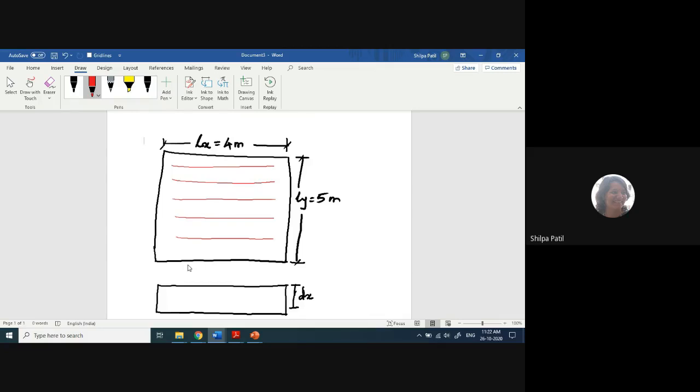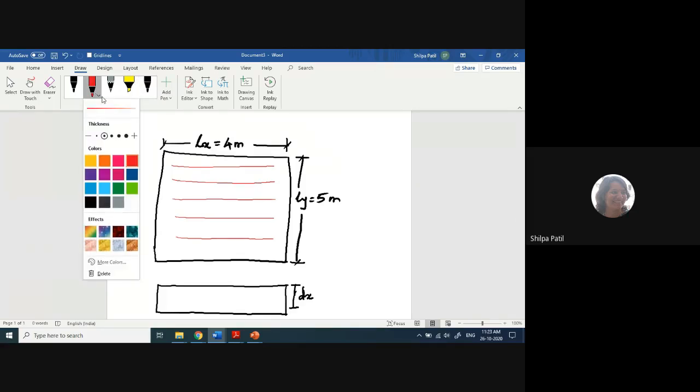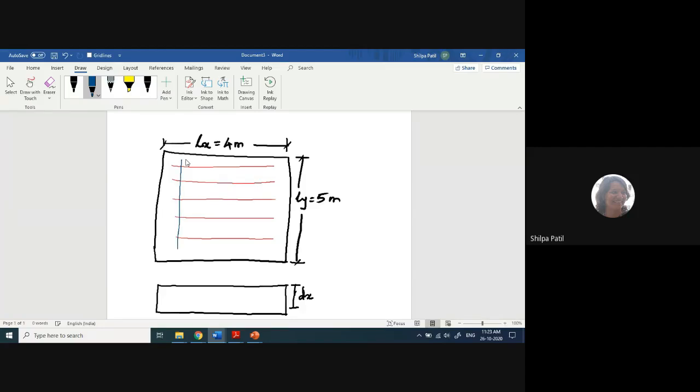I have not drawn a bent bar over here. And in another direction, let us consider another color, say blue color I'm using. In the y direction, the reinforcement is placed above the main steel, which is placed along the x direction.